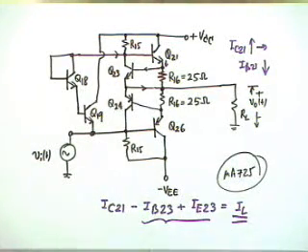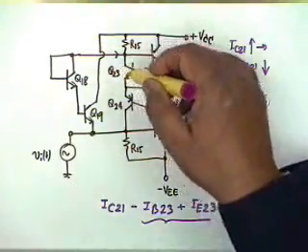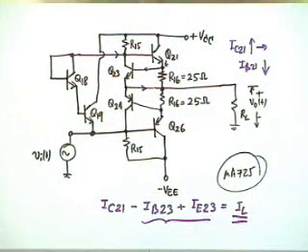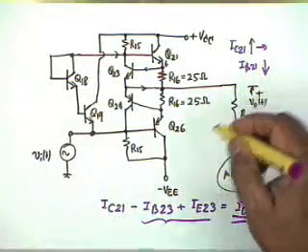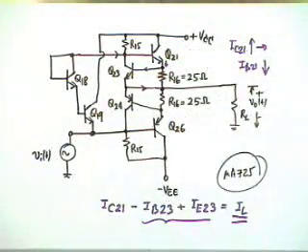Agreed? In other words, this Q23 and R16 have been used for the purpose of short circuit protection. That is, if accidentally RL becomes short, a large current cannot flow through this transistor Q21. Agreed? A large current cannot flow. So, it is a short circuit protection.